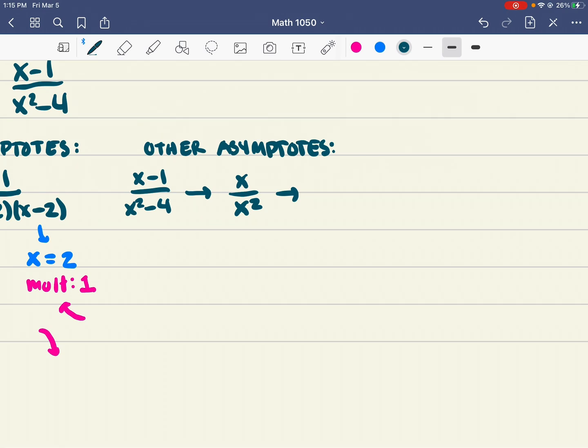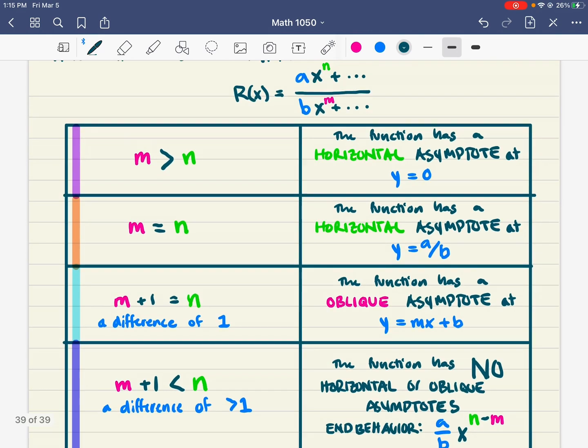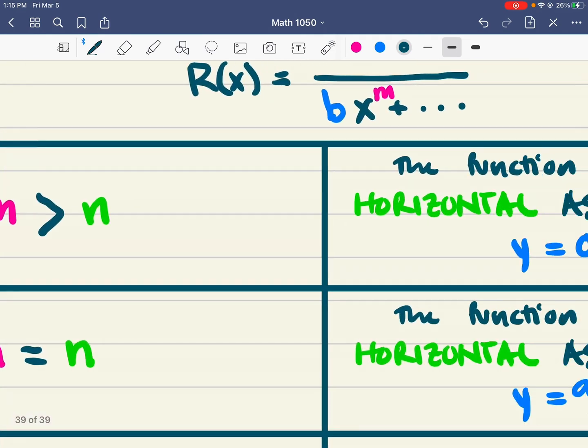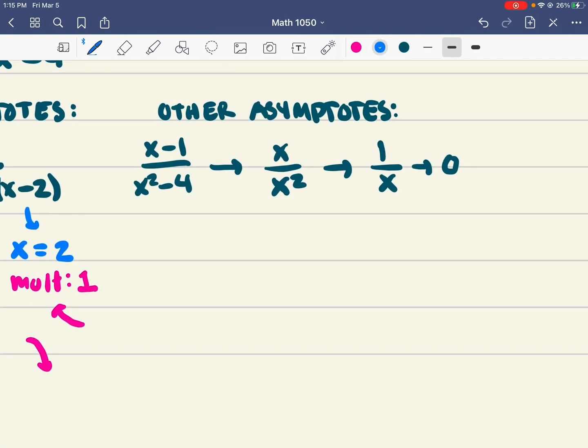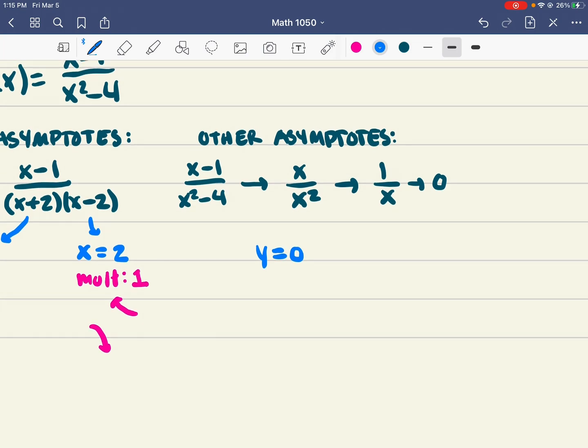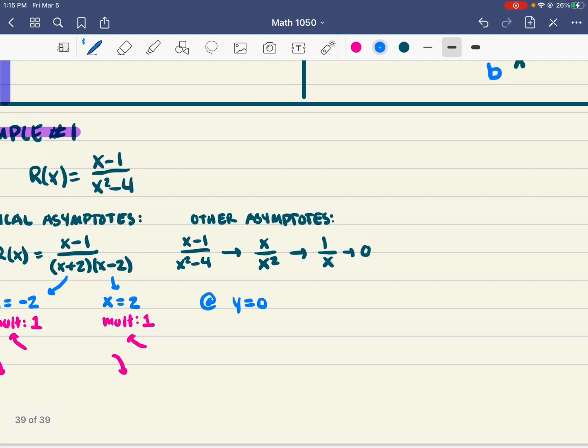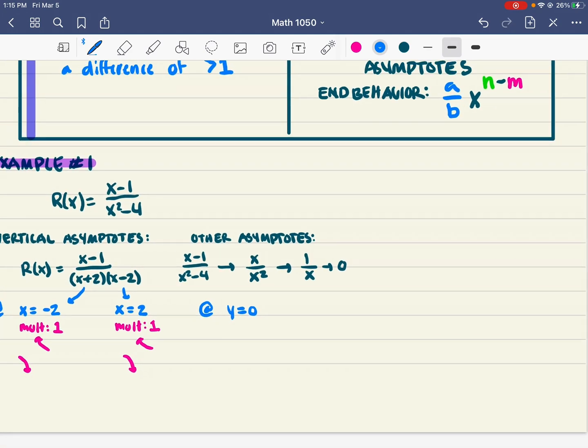And that reduces, because there's an x on the top and an x on the bottom, to 1 over x. And when you plug in really big numbers to that, it's basically 0. So I will remind you that this is the first kind, where it always has an asymptote at y equals 0. So we now know that it approaches 0 when you go to infinity in both directions. So it has a horizontal asymptote at y equals 0.